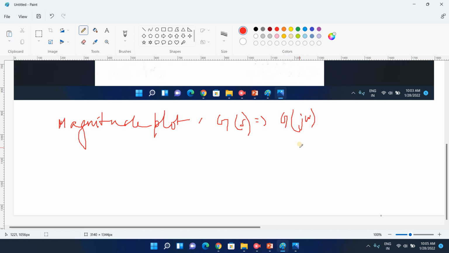We represent G(s) as G(j omega), as I've told you. The magnitude plot means you have to find the magnitude first, using this formula: 20 log base 10 of the mod of the transfer function G(j omega). This is the magnitude plot.